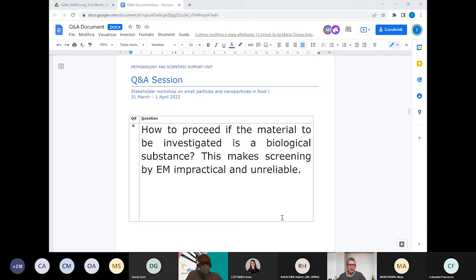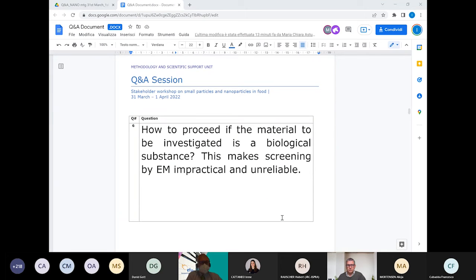Well, how to proceed if the material to be investigated is a biological substance? This makes screening by EM impractical and unreliable. I can imagine if you use a material science technique on a biological substance, you can have impractical and unreliable results. I'm doing 25 years of electron microscopy and most of my samples were of biological origin.